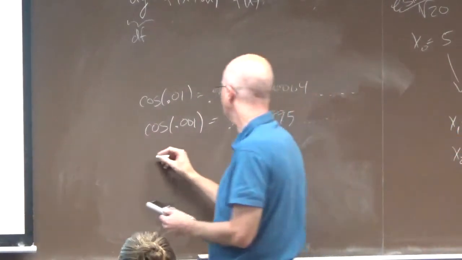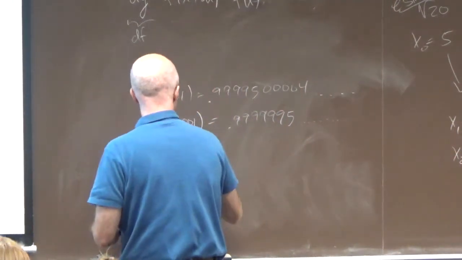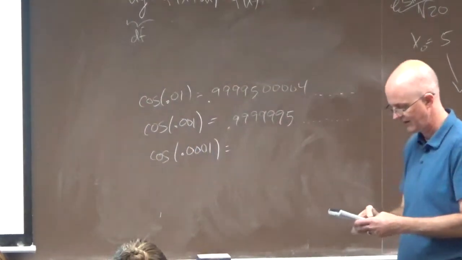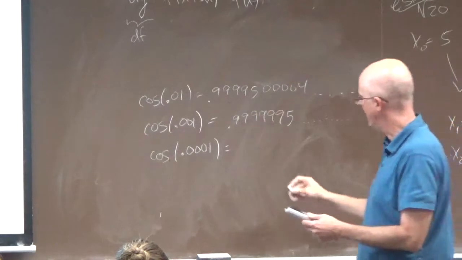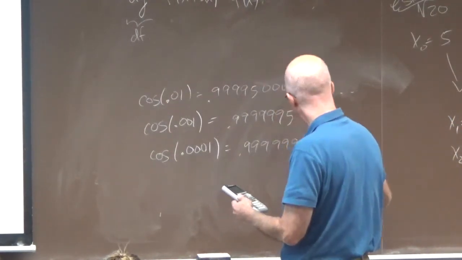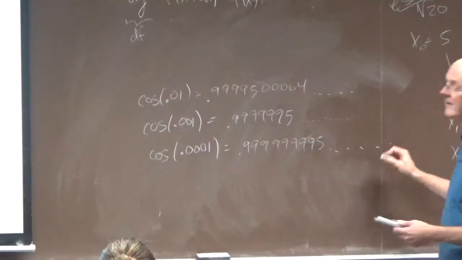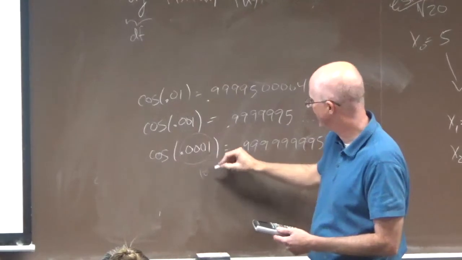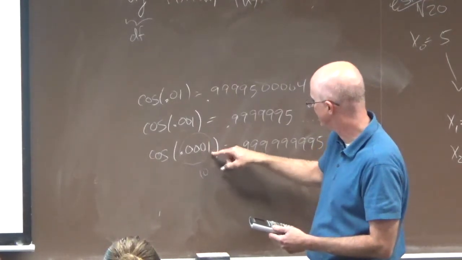Let's try one more. Cosine of 0.0001. I get 0.999999995. You know, this is only 10 to the negative what? 1, 2, 3, 4.